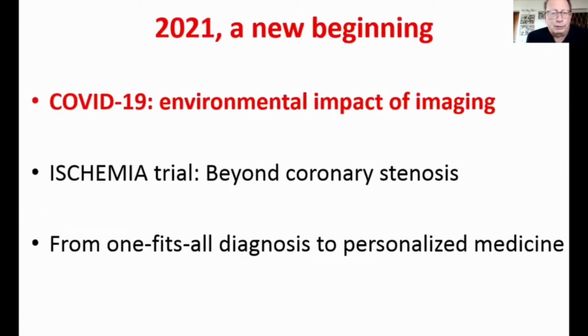Nevertheless, and in spite of these established advantages, 2021 was also the year of a new beginning for all cardiology and cardiac imaging in particular, stemming from a few important aspects that are related to sustainability of what we do, to the clinical meaning of what we find, and to the way we perform stress echo every day in clinical practice.